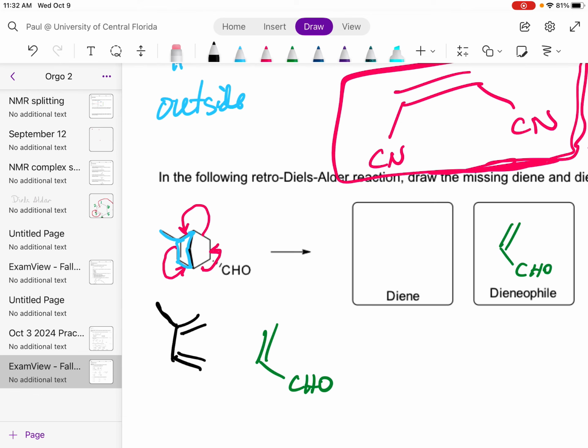And our diene, whoops, on our diene, I forgot that we have those carbons right there. Okay, so this carbon is that carbon. There we go. That looks better. Just like that.